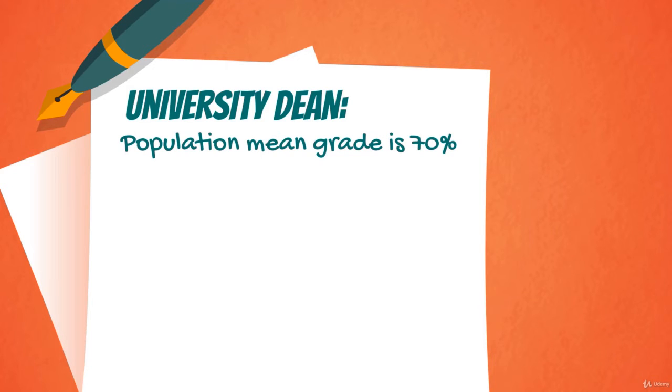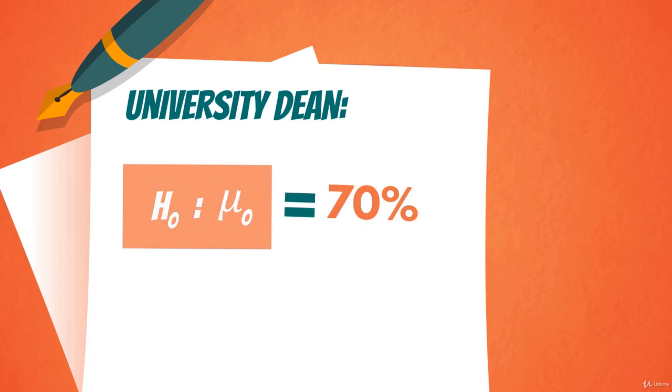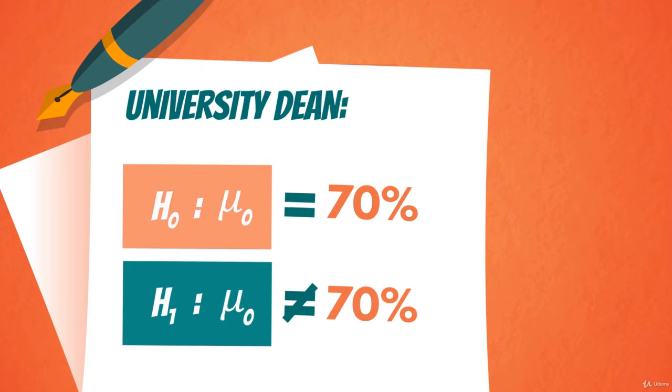Being the data-driven researcher that you are, you can't simply agree with his opinion, so you start testing. The null hypothesis is the population mean grade is 70%. This is a hypothesized value, and we denote it with mu0. The alternative hypothesis is the population mean grade is not 70%, so mu0 differs from 70%.